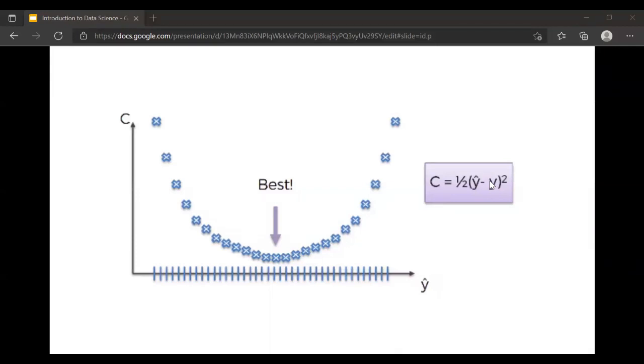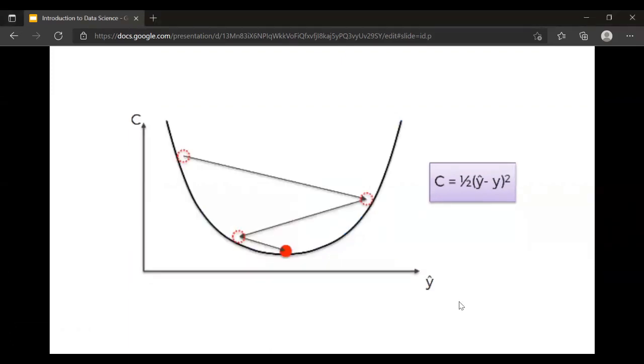If our cost is really small, that means the difference between y hat and y is very, very small, correct? And that is what we want to achieve. That would be our best scenario, and we want to find exactly this value, correct? But we don't have this graph with us. We'll only get this plot when we find the cost so many different times, which can be computationally very expensive, right?